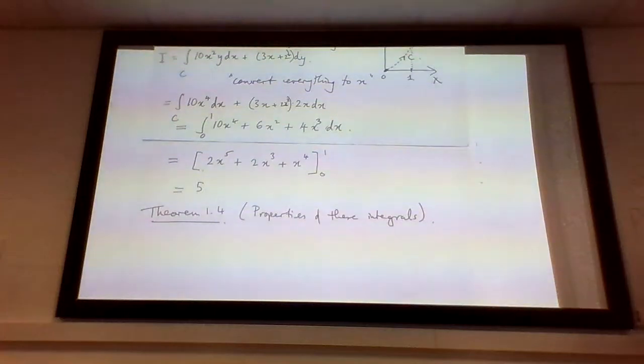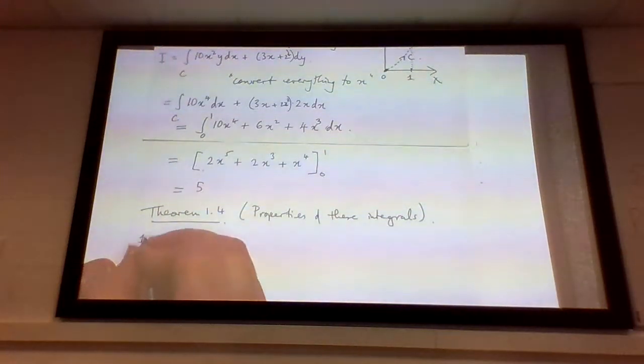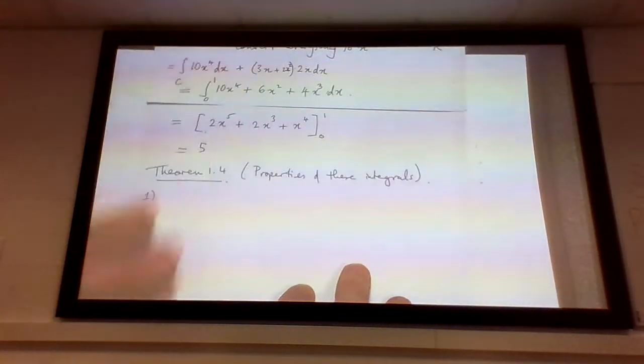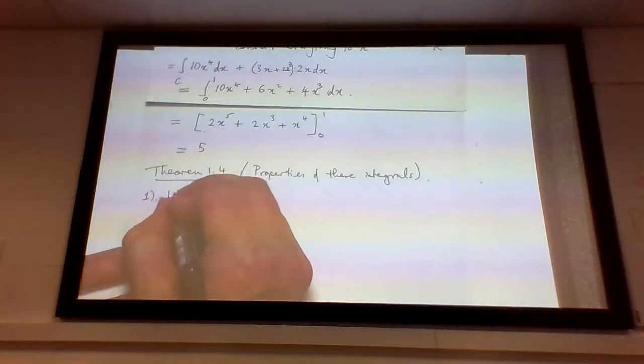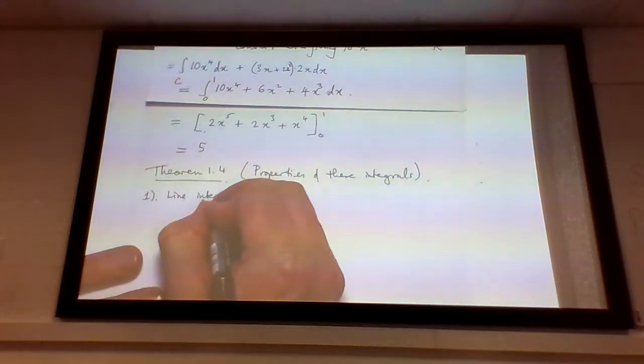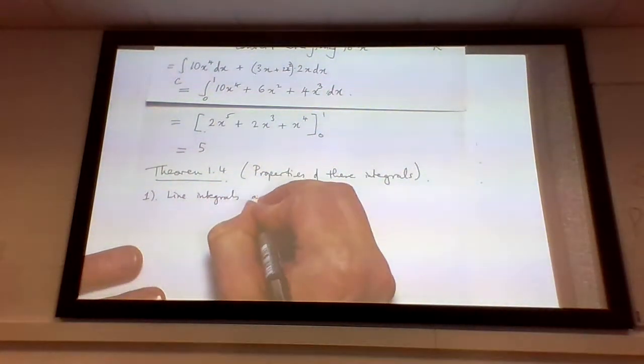And they can all be viewed as generalizations of similar properties that you already know about for single variable integrals. Okay, so the first of these is that these operations are linear. So line integrals are linear.